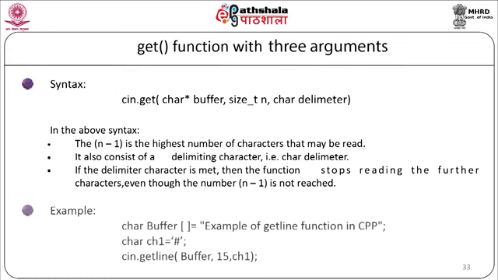Example: char buffer[] = "example of getline function in CPP"; char ch1 = '#'; cin.getline(buffer, 15, ch1); Here the input will be accepted till hash or till the first 14 characters, whichever meets first.